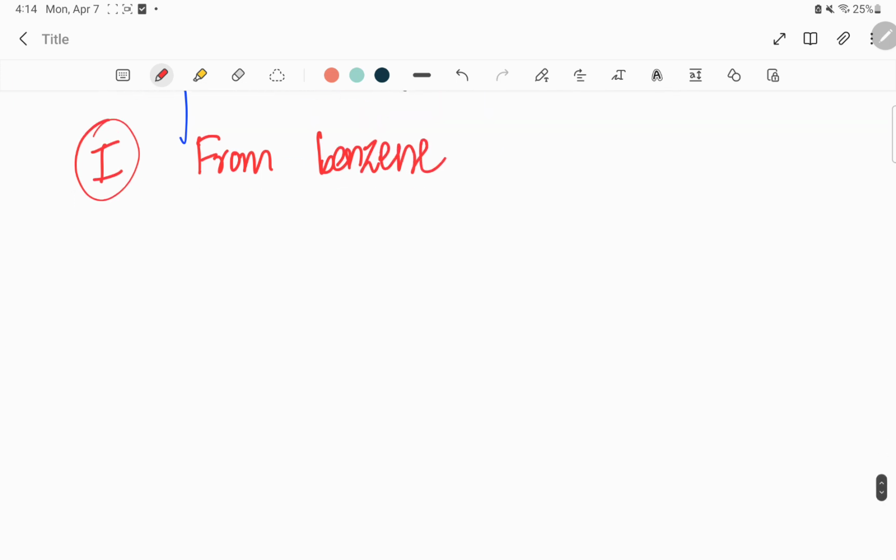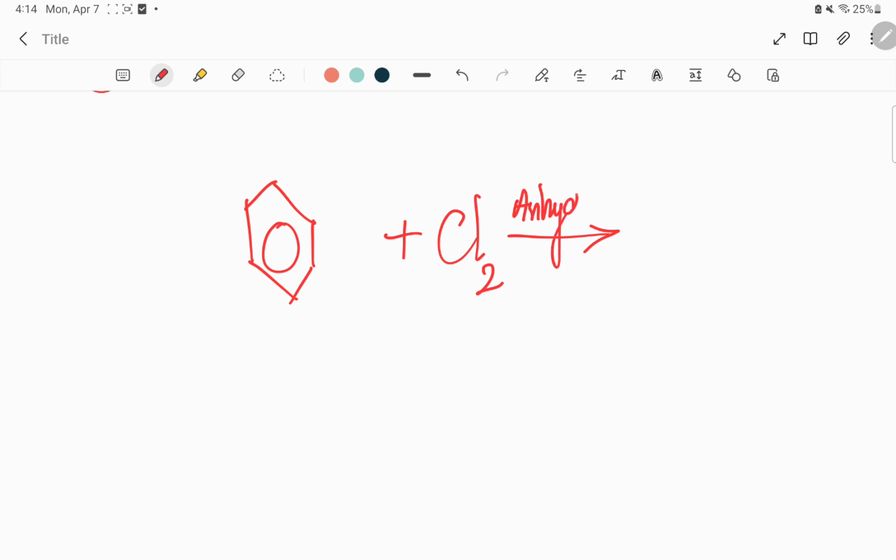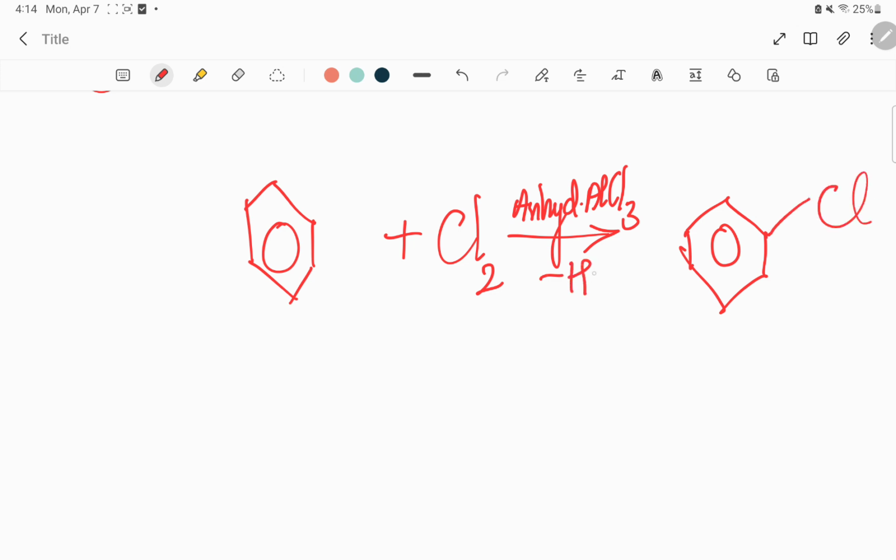So if I'm using benzene or any other substituted compound, and if I am adding chlorine in presence of a Lewis acid like anhydrous AlCl3, then you will be able to see that a haloarene is formed and HCl will be removed. So this is the example.